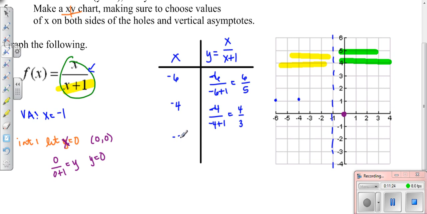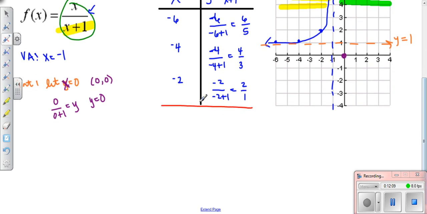If I put negative 2 in, I have negative 2 over negative 2 plus 1, which is 2 over 1. So at negative 2, it's 2. And so we know, because there's an asymptote, that this is going to take off like that. And the interesting thing that seems to be happening over on this side is that it's going to get close to but never cross y equals 1.